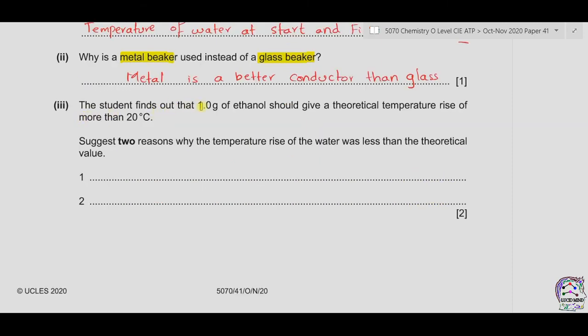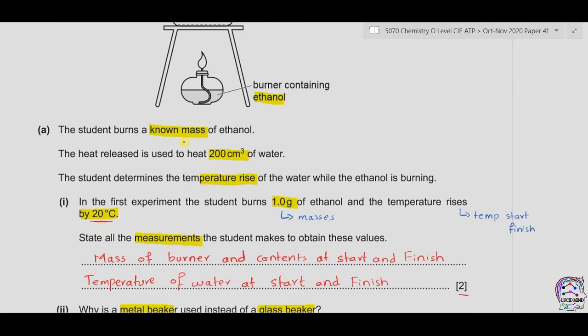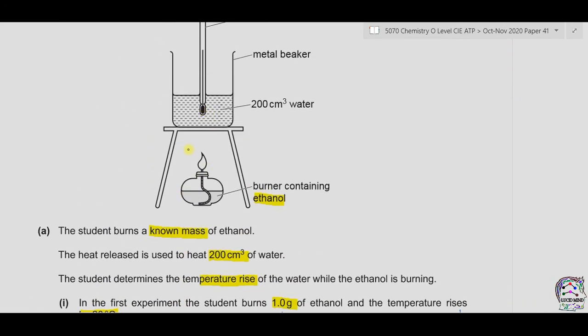Part 3. The student finds that 1 gram of ethanol should give a theoretical temperature rise of more than 20 degrees centigrade. Suggest 2 reasons why the temperature rise of the water was less than the theoretical value. In the diagram, we can see that this space is open, so heat can be lost to the surroundings, and also ethanol is volatile in nature, so the ethanol must have evaporated before the start of the experiment.